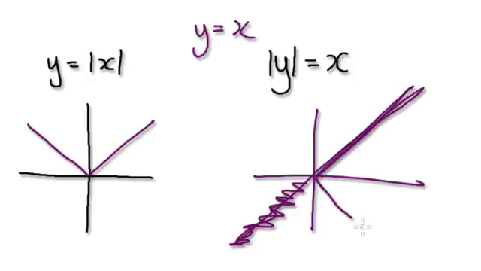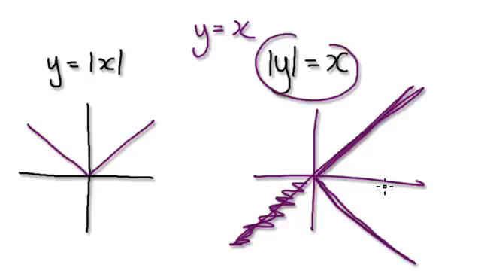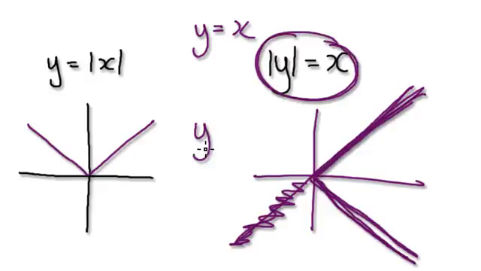The negative version of what's left gets reflected along the x-axis. So your graph will look like this now. Starting from here, if you have the absolute value of y equals x, then you can actually say y equals the positive version of x and also the negative version of x.